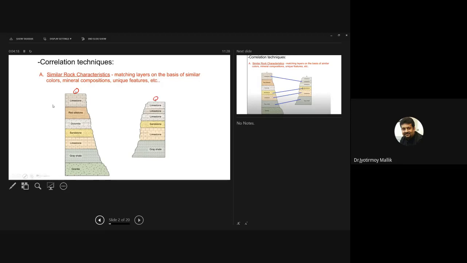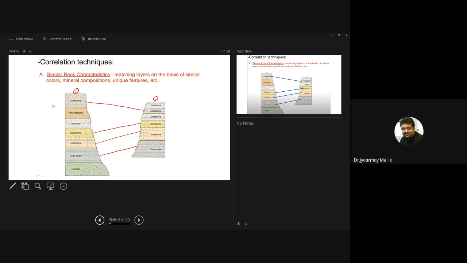We can see here that there is one sandstone here and another sandstone here, so we can correlate that. Maybe there is a limestone here of the same color as the limestone at the top, so maybe these two are the same. There is another limestone here, and we can correlate them. There is also one gray shale here, and we can correlate them.